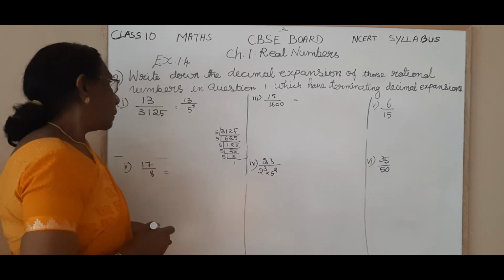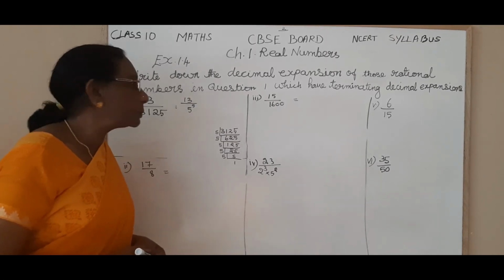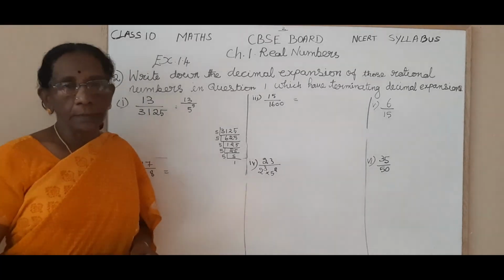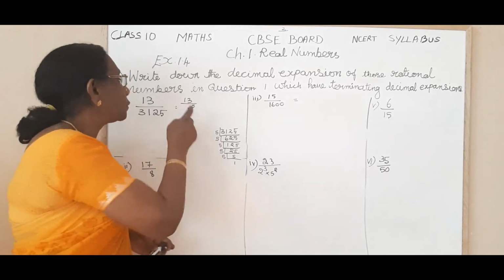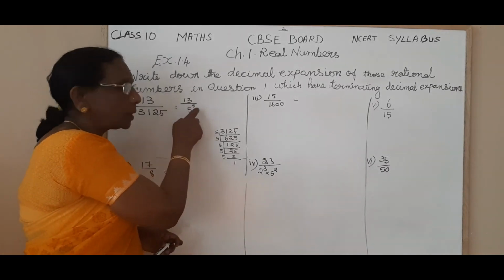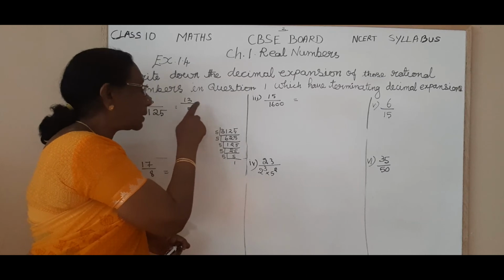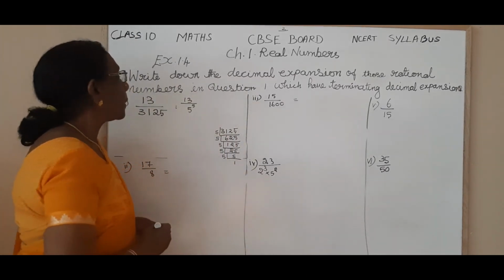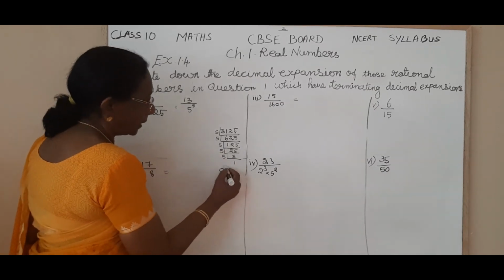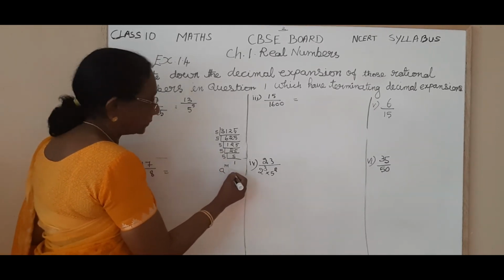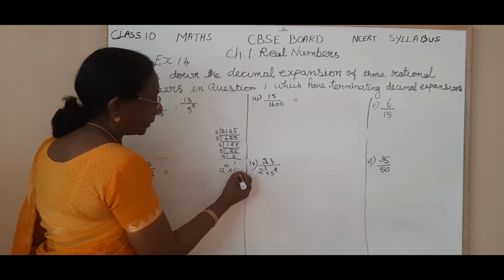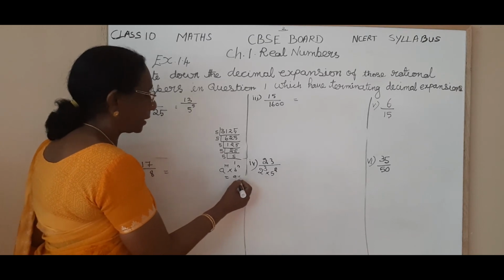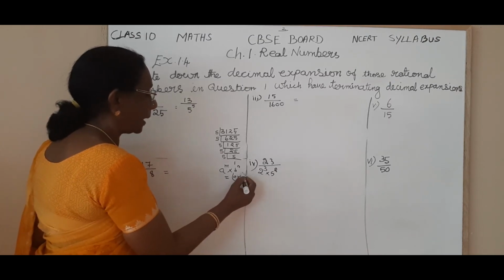Now what should we do? What is missing in the denominator? The prime factor 2 is missing, isn't it, children? If you have 2 to the power 5 in the denominator, then it will be very easy to write it in the form of a decimal expansion. You know the law of indices: a to the power m into b to the power m. If the powers are the same, you can multiply the bases, a into b, the whole to the power m.